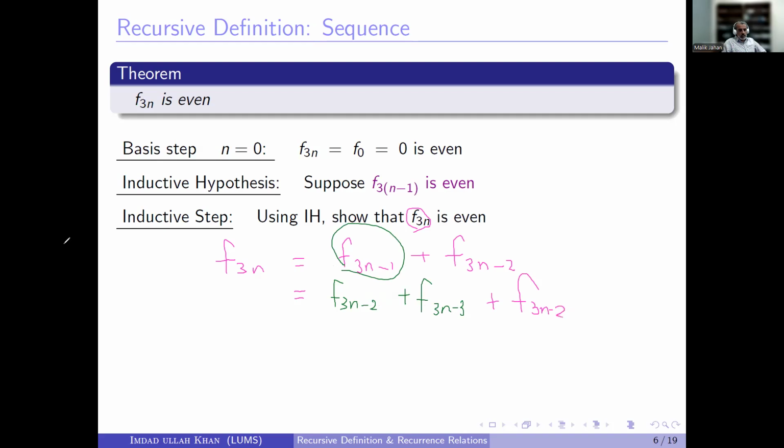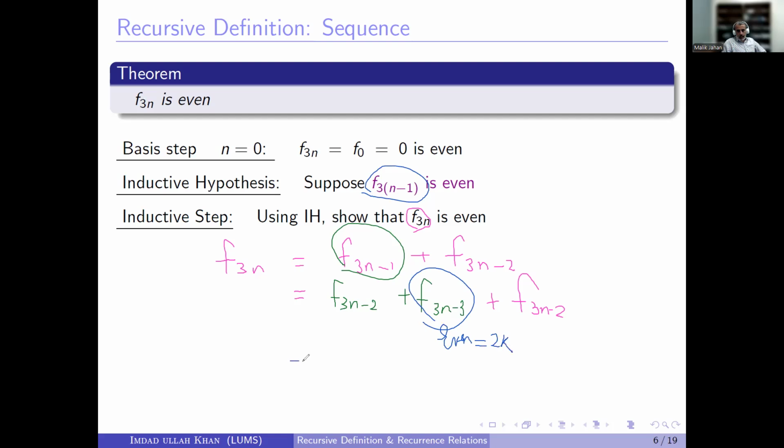Now focus on these 3 different Fibonacci numbers. Where are they coming from, and what do we know about their characteristics? Our inductive hypothesis says that F3n minus 3 is even, which is this number. When we say it is even, that means this number equals 2k.